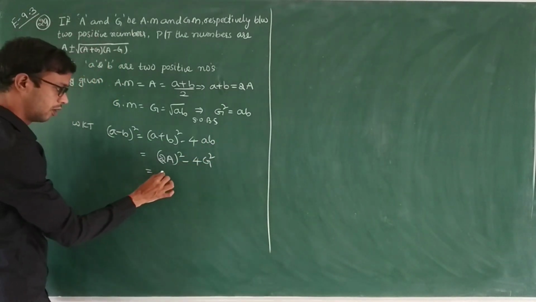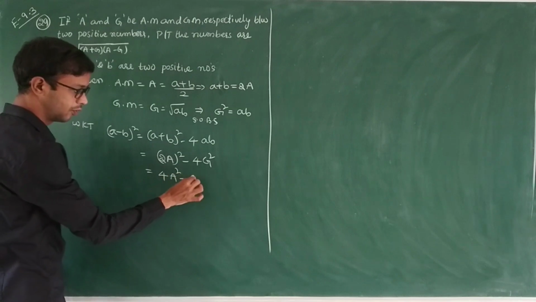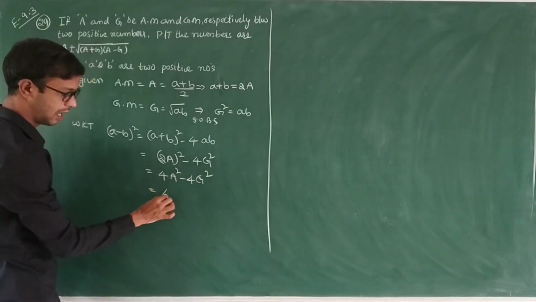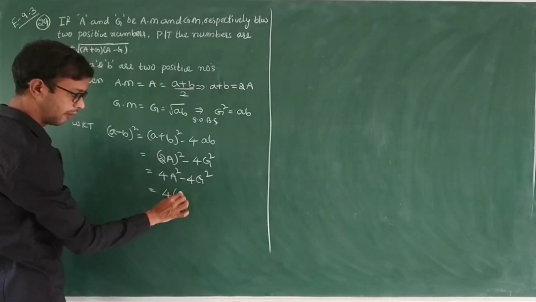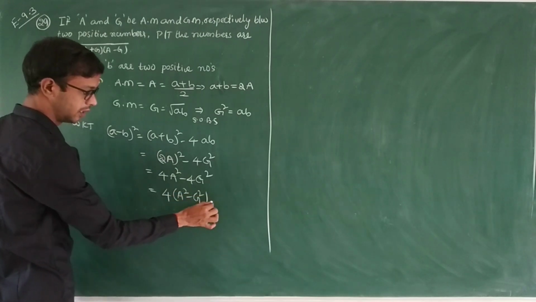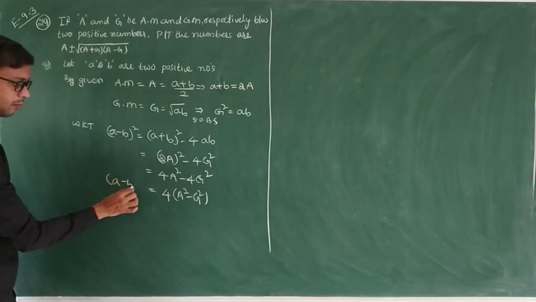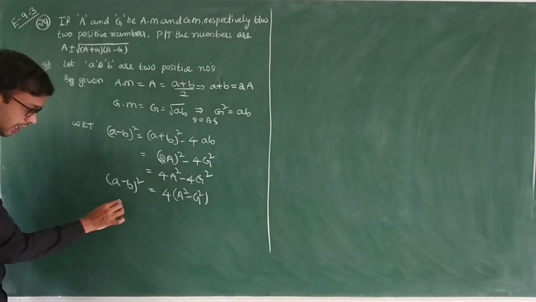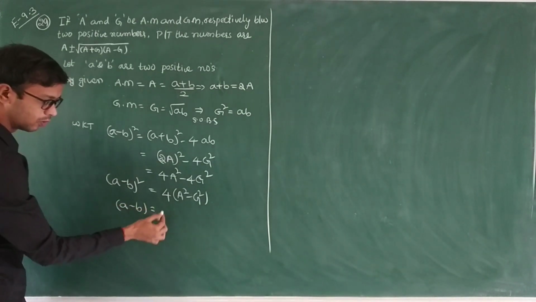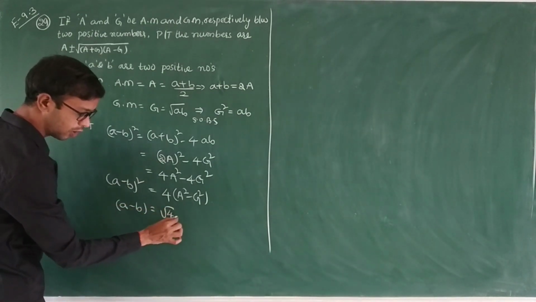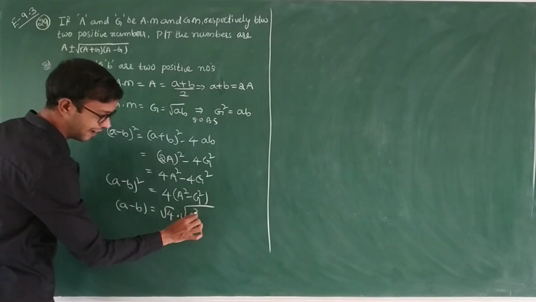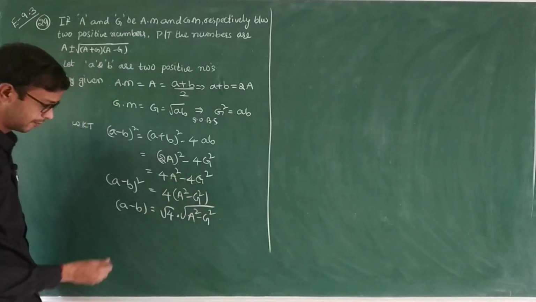So now 4A square minus 4G square. You can take 4 common: 4 of A square minus G square. This is the a minus b whole square value. We need the a minus b value: square root of 4 into square root of A square minus G square.